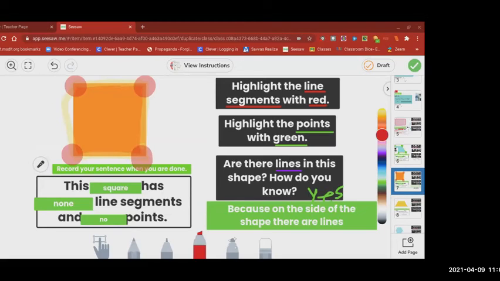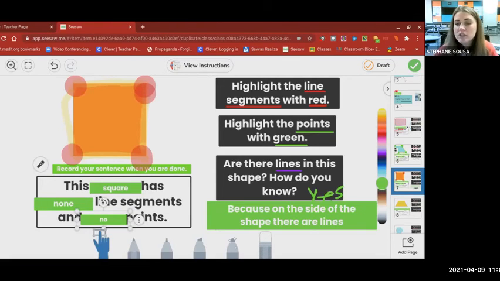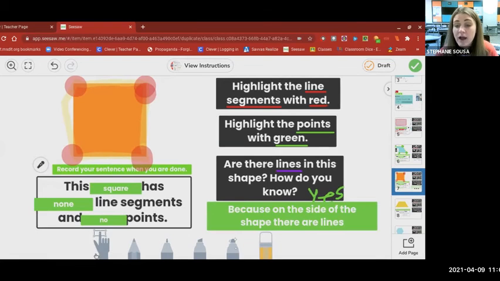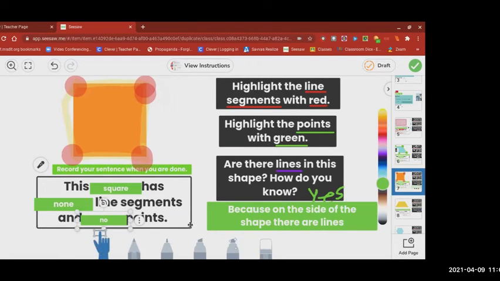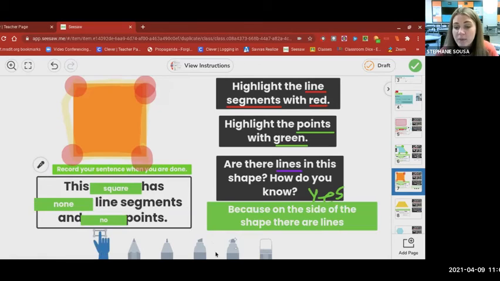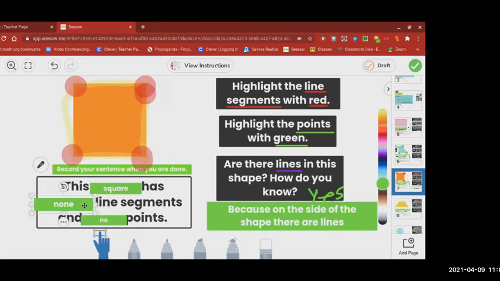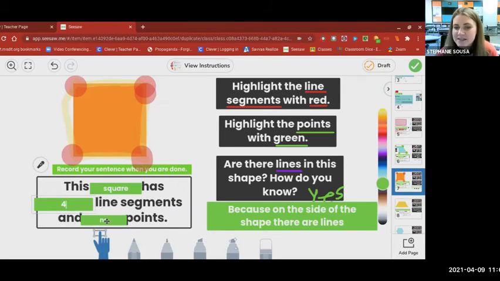I said because on the side of the square right here where it's highlighted, there's lines on the side of it if you take the highlighting off. If you are talking about how we talk about lines like line up, you are correct. If we are talking about mathematics, these are line segments because they don't go on forever and ever and ever. So they are line segments, okay? So with that being said, how many line segments are there, Q? There are 4 line segments. Perfect, you got it. There are 4 line segments.